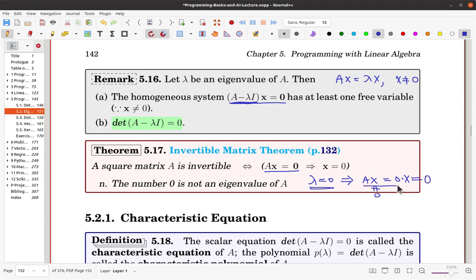So the homogeneous system has a non-trivial solution, which contradicts this fact. So in this case, A is not invertible, right? The other direction can also be proved quite easily, and so they are the same. Once A is invertible, then 0 cannot be an eigenvalue of A.